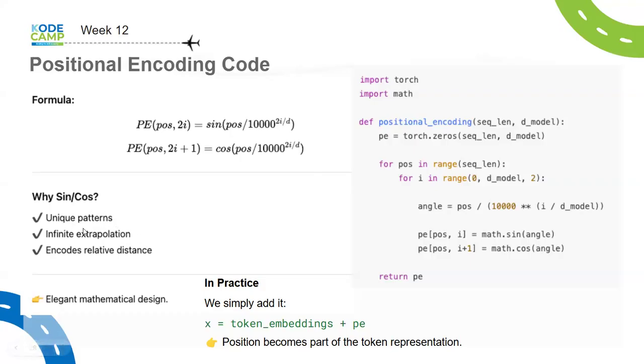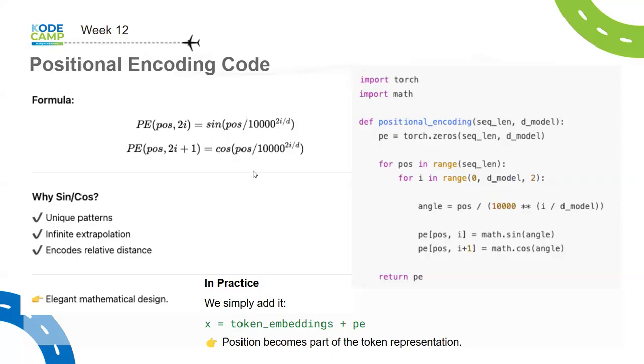The other beauty of using sine and cosine is that you can have infinite extrapolation. Because remember, like I said, if you're using linear, you could have a situation where the position encoding can become so large, and if we are using a fixed number size, that will result in number overflows that could be problematic. But with sine and cosine, it just goes infinitely.